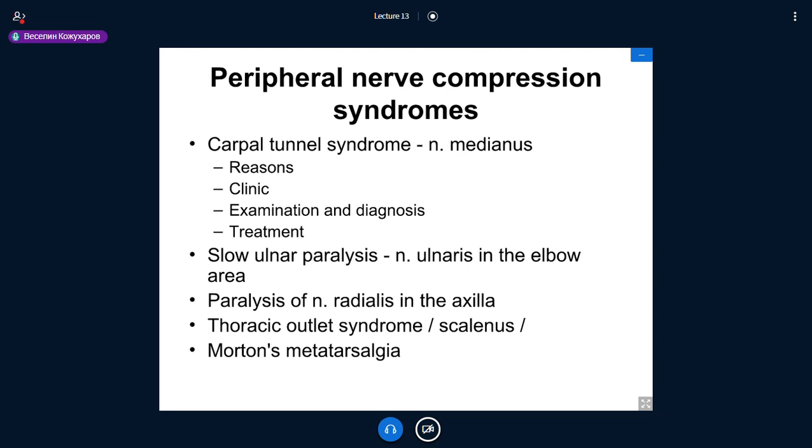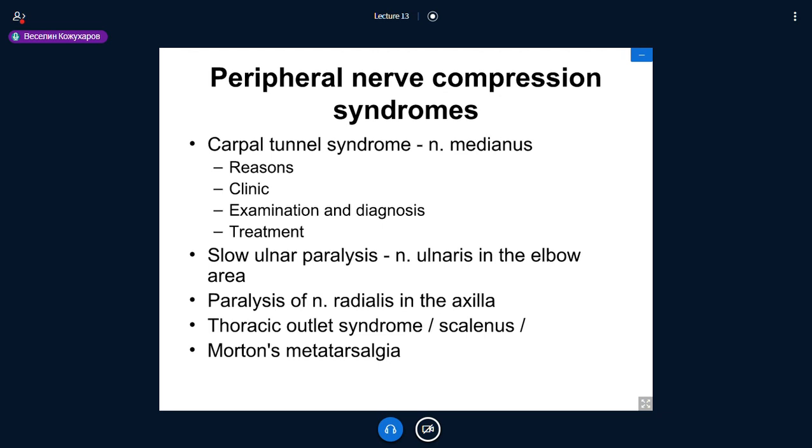The compression could be distally in Guyon's canal, then proximally at the fascia of the forearm, then in canalis nervi ulnaris at the back medial side of the elbow, then proximally again at the fascia transition.